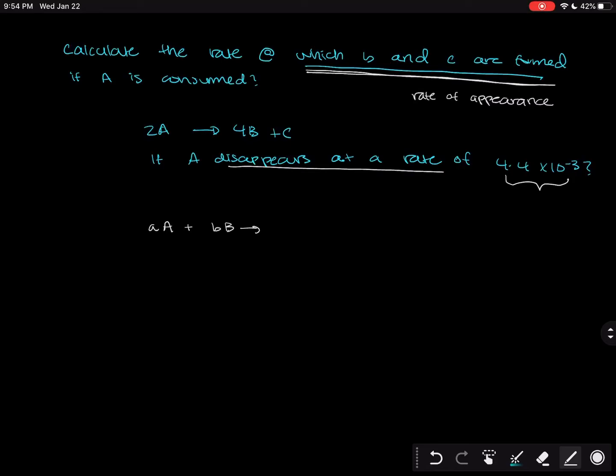assuming that the lowercase letters are the coefficients in front of them, then we could write an expression like negative 1 over a times the change in concentration of A over the change in time is going to be equal to the rate of appearance of our two products.